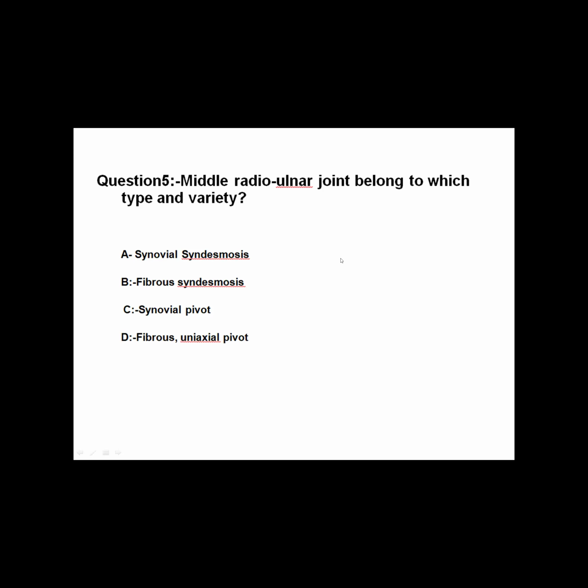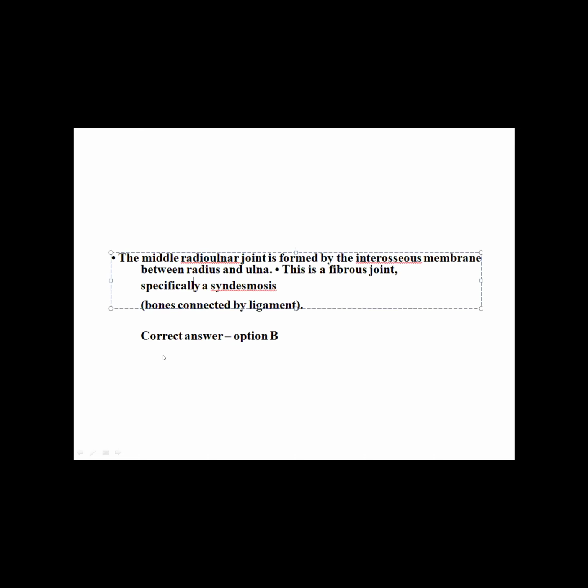And you correctly answered, doctor. So the correct answer is fibrous syndesmosis. The middle radio-ulnar joint is formed by the interosseous membrane between radius and ulna. One border of the radius, which is very sharp, we call the interosseous border, because the interosseous membrane is attached to it.